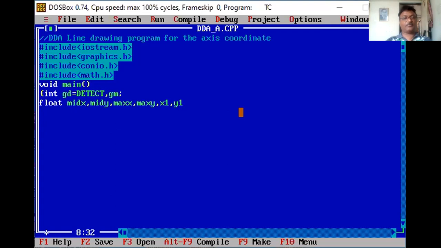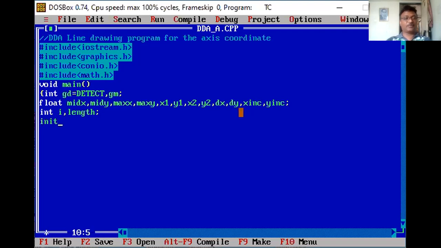Here x1, y1, that is the first coordinate, x2, y2. These are all the values I am going to consider, and float dx, dy. This is my difference between x and y, and xinc, comma, yinc, that is my x increment, y increment. And for int, I have considered i and length. Okay, these are my integer values.